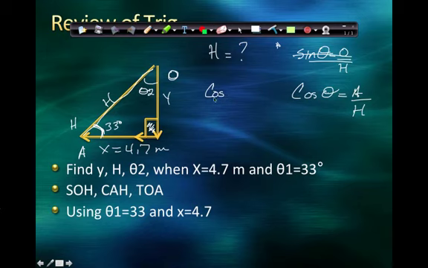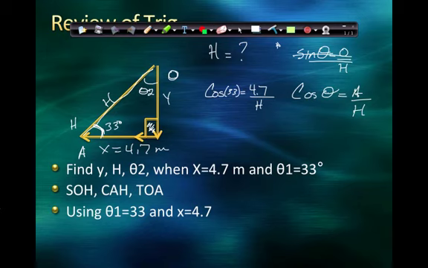It's always the angle, which is 33 in this case. And that's equal to the adjacent side. Okay, so adjacent is this, 4.7, divided by the hypotenuse. All right, so let's go ahead and plug in cosine of 33 and see what we get.